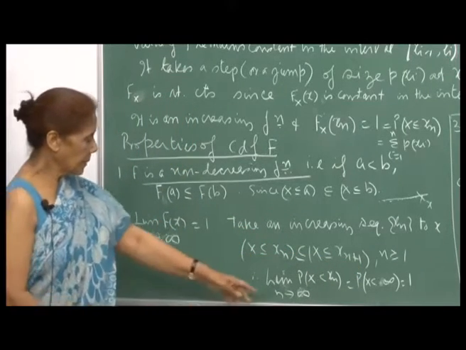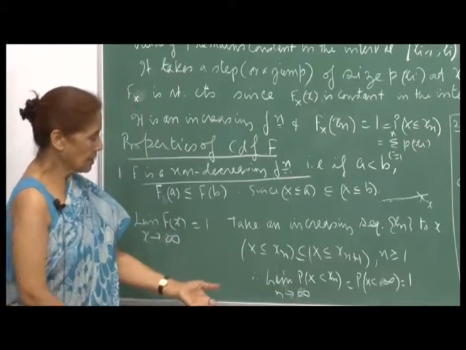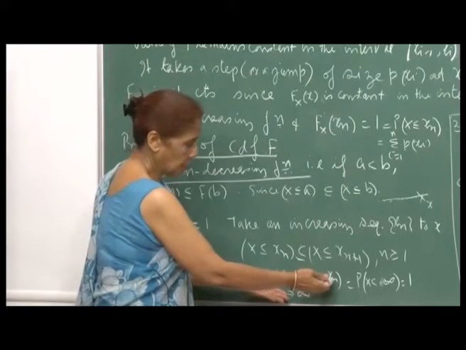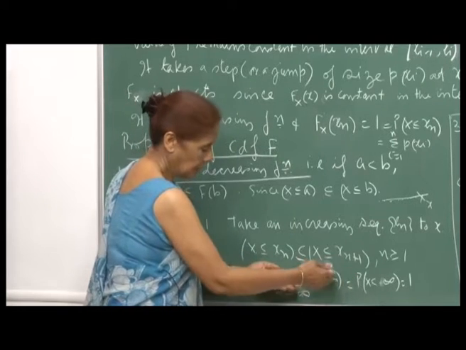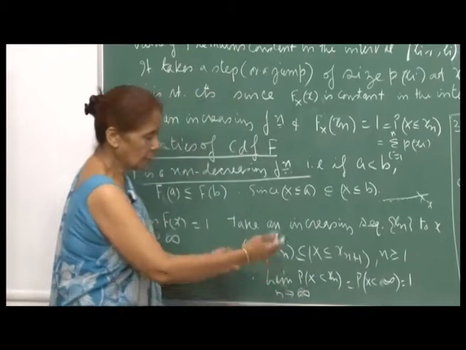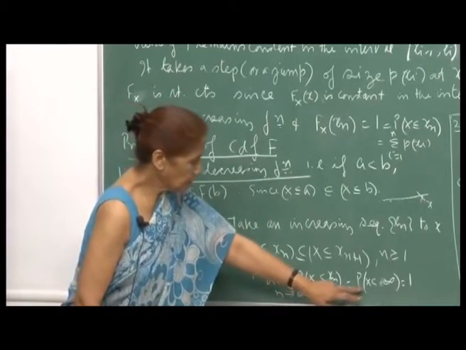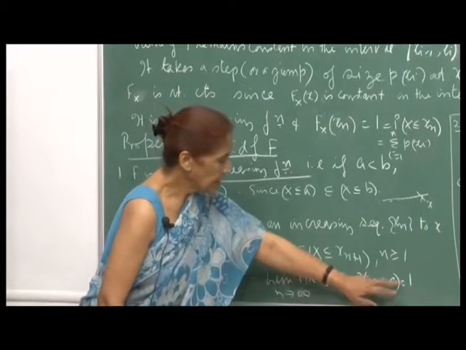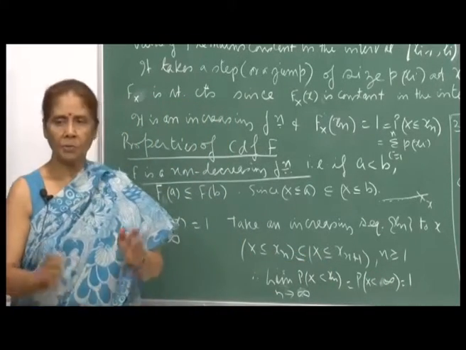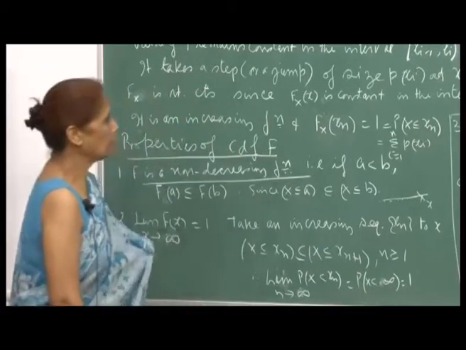Therefore the limit of the probability as n goes to infinity gives events that merge into X less than infinity. All possible values of X get covered, so this becomes the probability of X less than infinity, and this must be equal to 1.